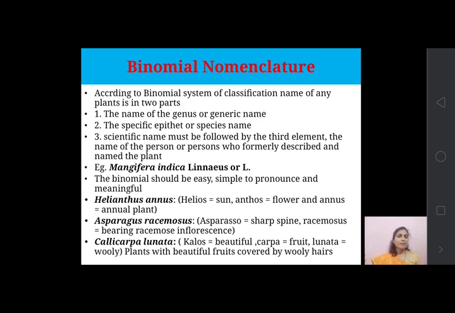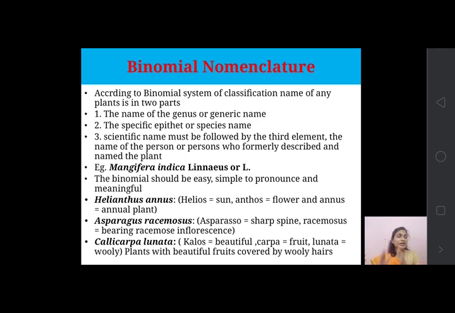For example, Mangifera indica, that is the mango plant. Mangifera is the genus name, indica is the species name, and Linnaeus, or simply the abbreviation L dot. So it is written in that manner: Mangifera indica, then the author name.